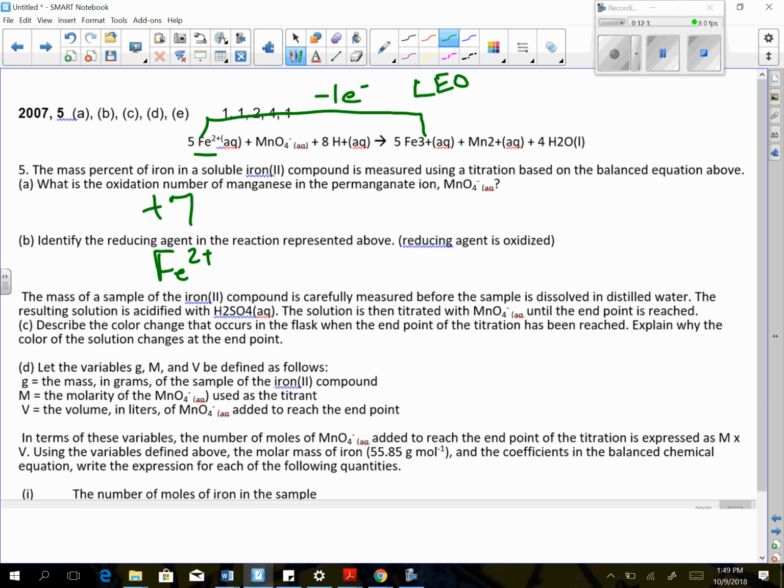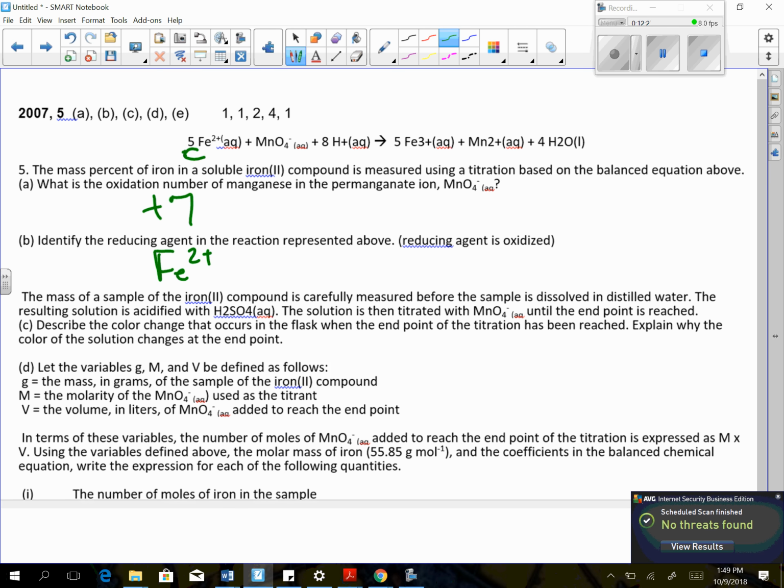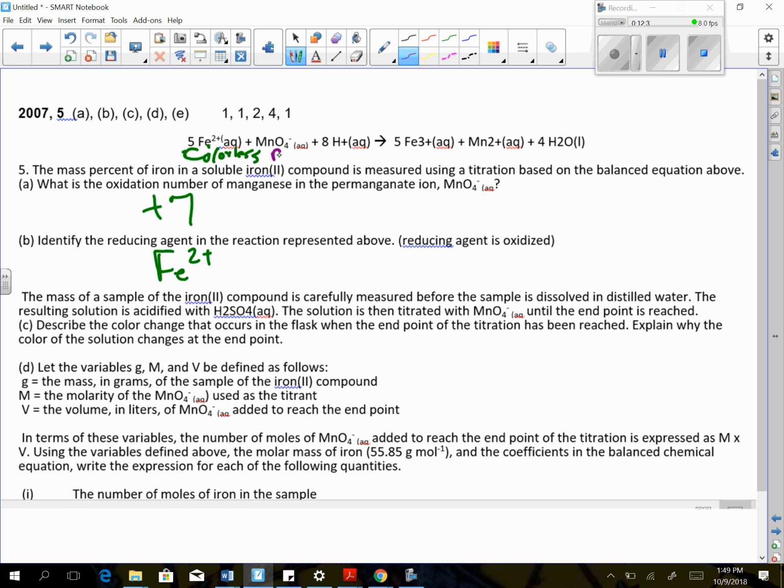So if we look at this reaction, let me clean this up a little. What you might have is that this is colorless. This one is colorless. This one is a very dark purple.